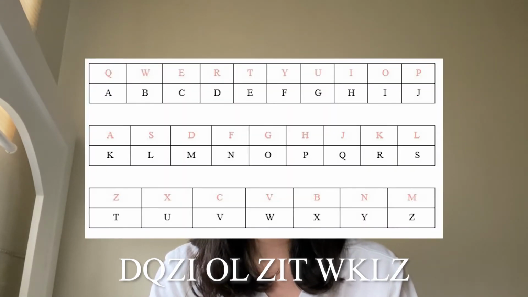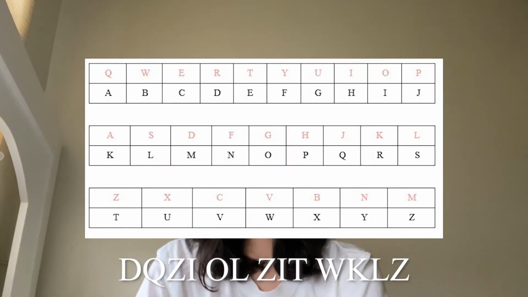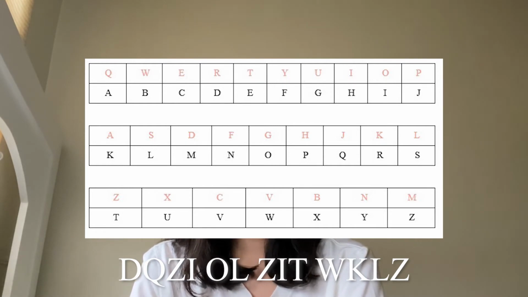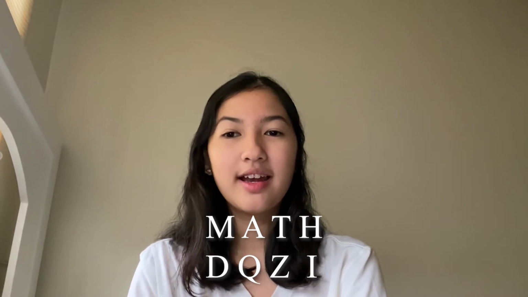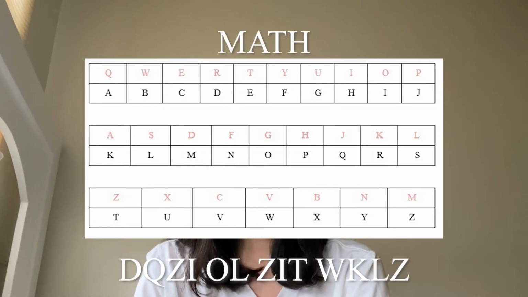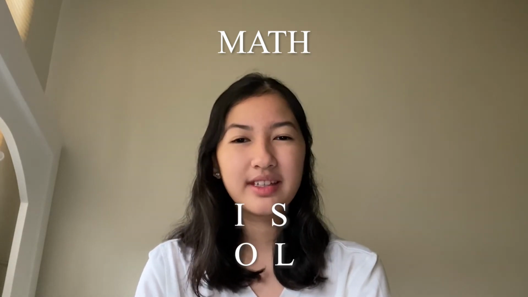In order to decode DQZI OLZIT WTLZ, we must look for the corresponding letters on the table above. As you can see, D corresponds to the letter M, Q to the letter A, Z to the letter T, and I to letter H, which forms the word math. Next, O corresponds to letter I, and L corresponds to letter S, which forms the word is.